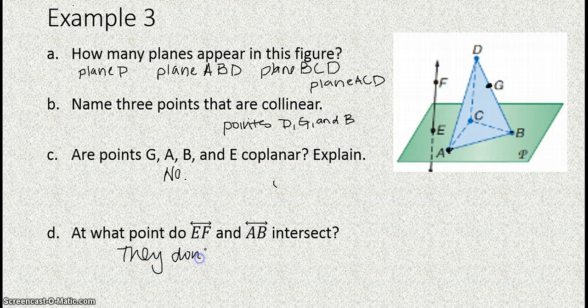And if you look at it, AB lies in that bottom plane there, plane P, but if I'm looking at line EF, only E is actually in that same plane. So E is not going to be where they intersect, so those two are never going to cross. The dotted part over here is underneath the plane. It's behind it, so you can't actually see it.